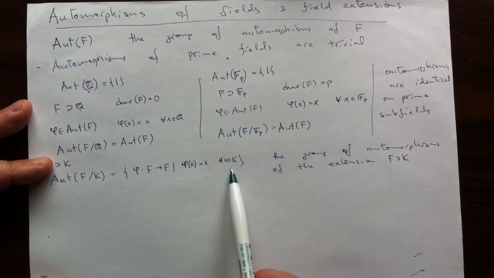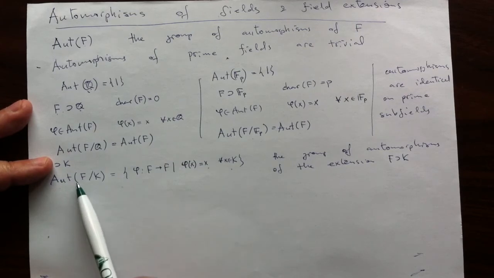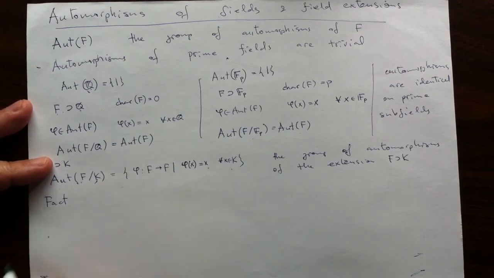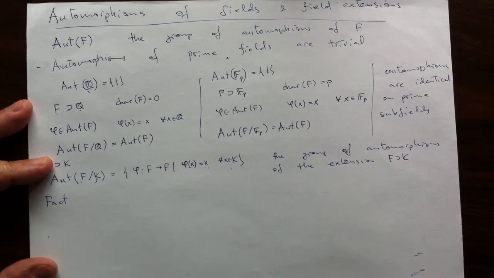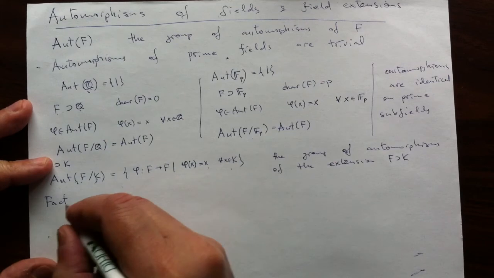This is a useful notion, not just because of the fact that automorphisms are identical on prime subfields, but it is also useful in investigating relative symmetries, symmetries which fix a subfield. So the first fact, which is going to be very useful about such groups, is a bound on their order.